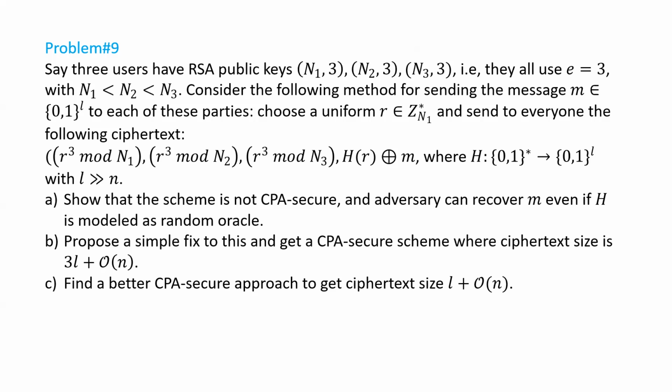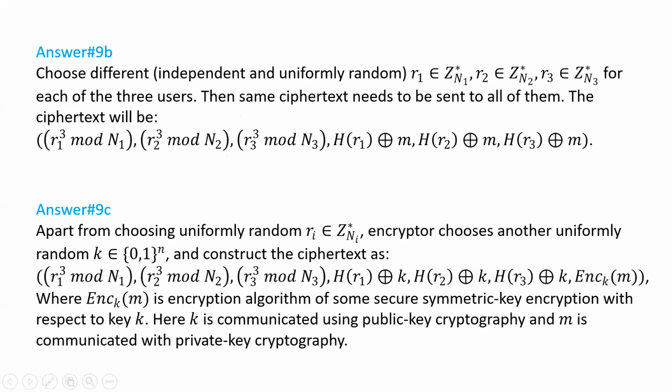So the main problem in the encryption scheme proposed was that they were choosing the same value R for each of the cases, right? The immediate alternate solution is that the encryptor chooses R1, R2, R3 separately for the three separate parties.